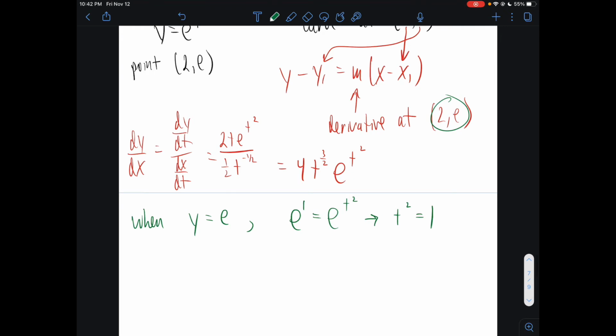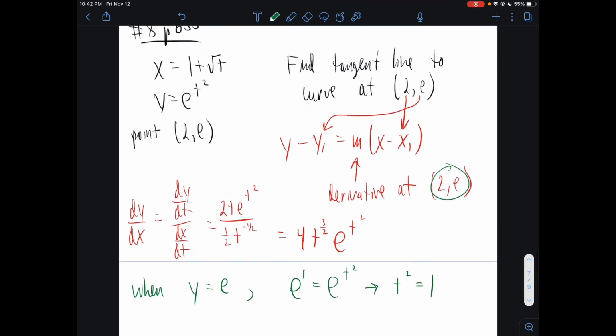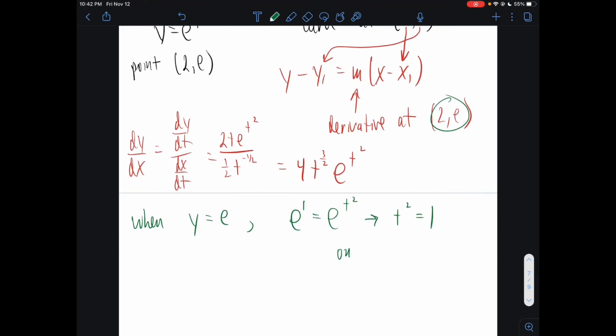Which means that either t is equal to 1 or t is equal to negative 1. But since we have square root of t involved in the equation for x, we can't use the negative value. So only t equal 1 allowed.